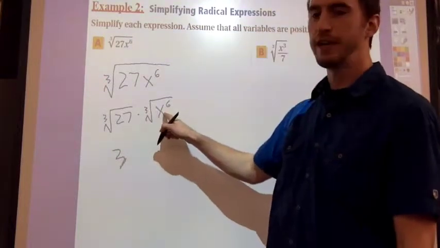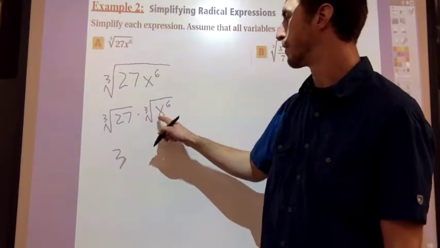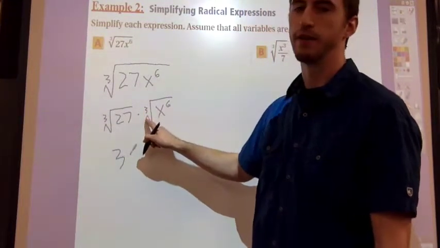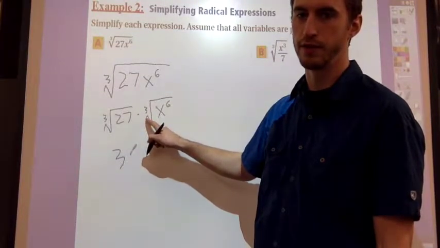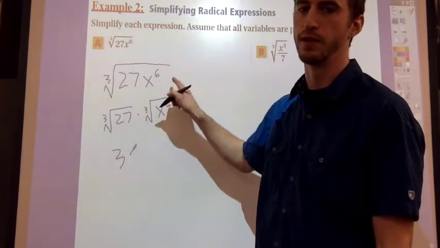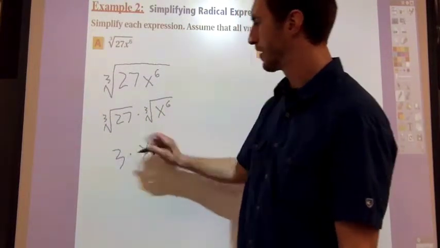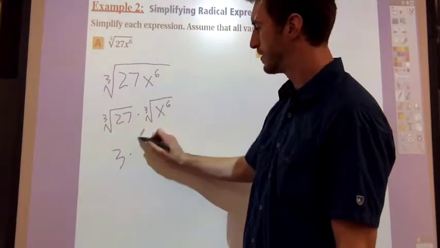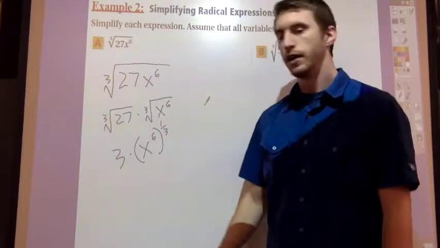And then I'm going to rewrite this in rational exponent form. Remember that I said you can rewrite radicals as exponents, right? If you have the third root, it's the same as writing it as raised to the 1/3. So I'll do that. 3, because I got 3 from that, times x to the 6th, and then all of that is raised to the 1/3.